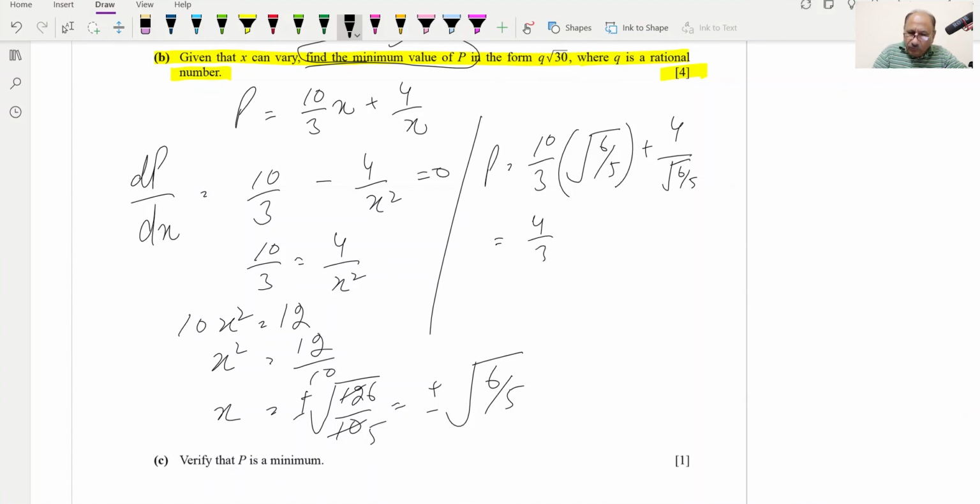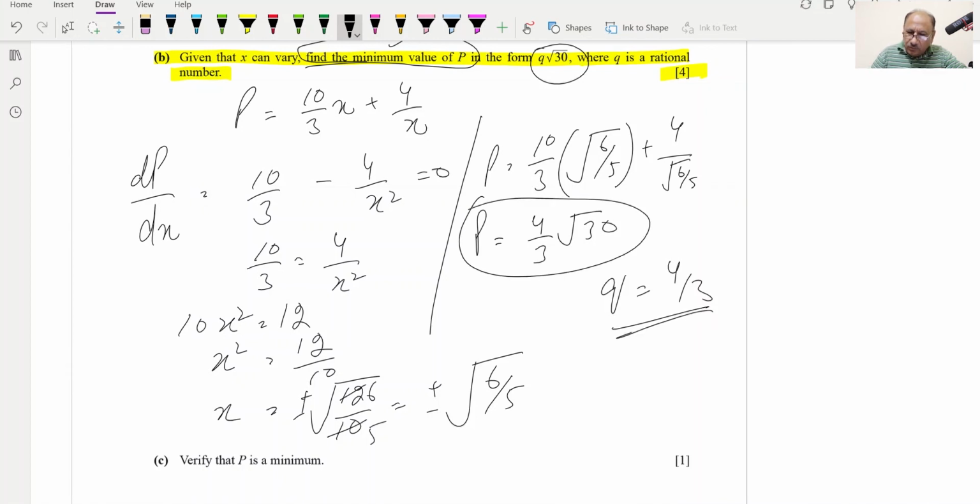So 4 over 3 under root 30, that's what they are asking for, q into this. So q value will be equal to 4 over 3. This is perimeter, this is our final answer, and q value is this one.